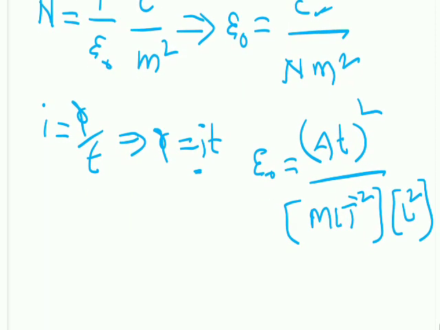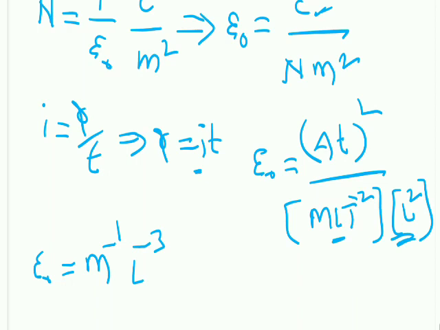So M is inverse because epsilon naught is equal to M inverse 1. This is L minus 2, this 2, this 1. So L is equal to minus 3.